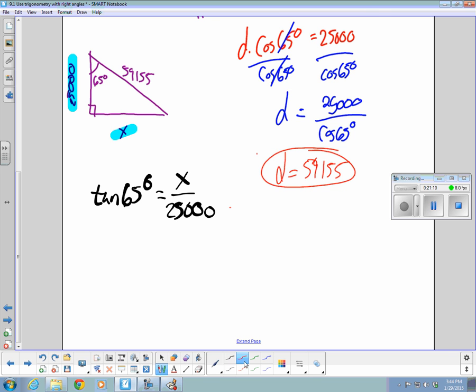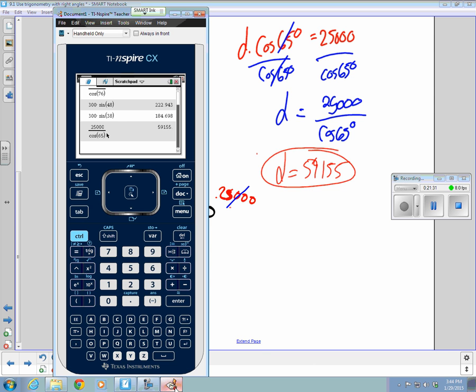Okay? Well, that looks cool. All right, so we'll multiply both sides by 25,000. These cancel. Okay? So I get x is equal to this. Let's find out what this is. Okay?